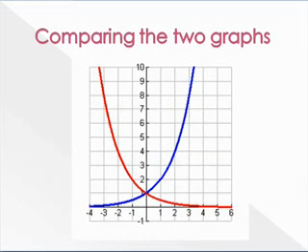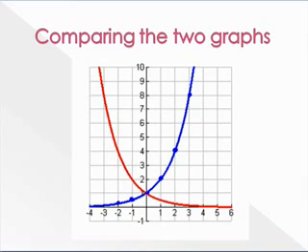Now we're going to compare those two graphs a little bit. Here I have the blue one and the red one. Can you tell me, do you remember what the equation for the blue one was? Notice I have the points (0, 1), (1, 2), (2, 4), and (3, 8), and (negative 1, 1/2), (negative 2, 1/4).